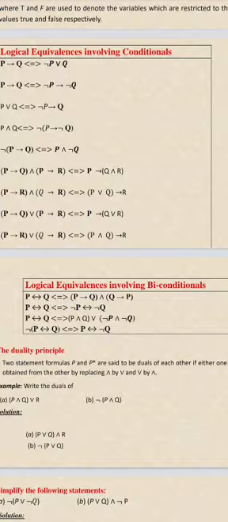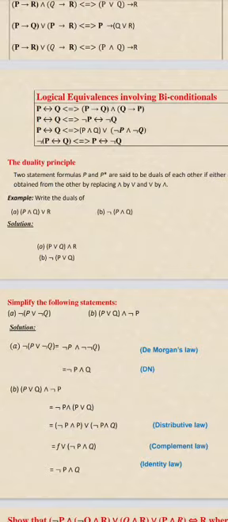P if and only if Q is equivalent to negation P if and only if negation Q. Next, P if and only if Q is equivalent to (P and Q) or (negation P and negation Q). Last one, negation of (P if and only if Q) is equivalent to P if and only if negation Q.